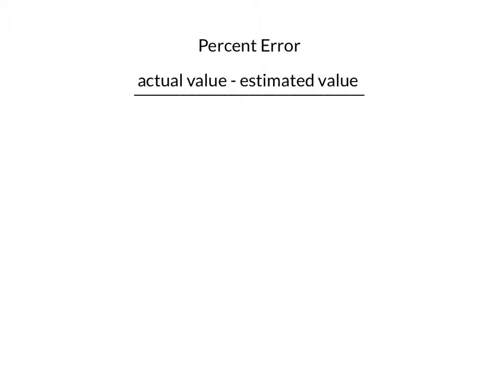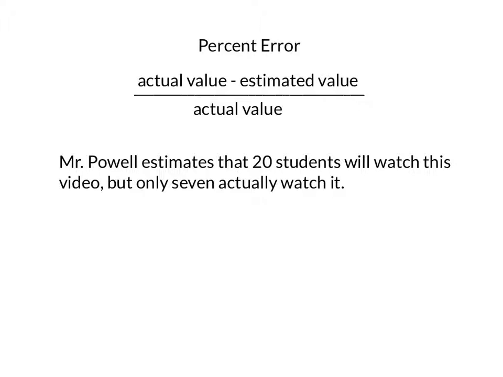Now, percent error is simply the actual value minus the estimated value, all over the actual value. So let's say that I estimate that 20 kids will watch this video to help them with their homework, but only 7 actually watch it.